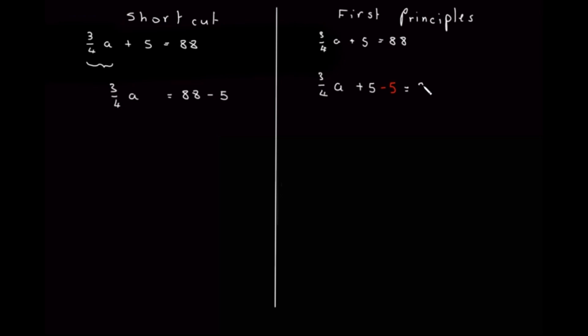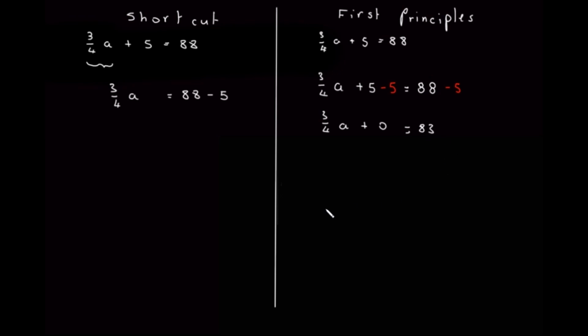So we have the 88, and because we remove 5 from the left, we remove 5 from the right. That gives me 3/4 A. I'll put it in plus nothing, alright, so that doesn't do anything. Minus 5 is 83.